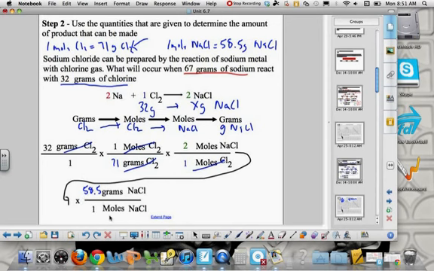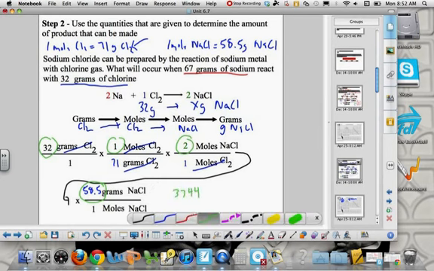Now we have our equation set up. Now we just have to do our math. So let's take a look at how to do this math. Up on the top, I have 32, 1, 2, and 58.5. So I'm going to take those numbers, 32 times 1 times 2, multiply that by 58.5, and up on the top I get 3,744. Now I'm going to do the same thing for the bottom.